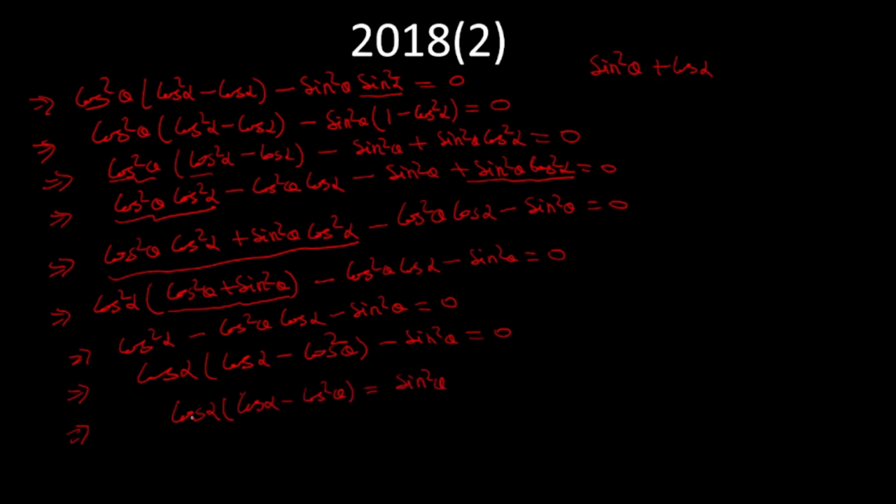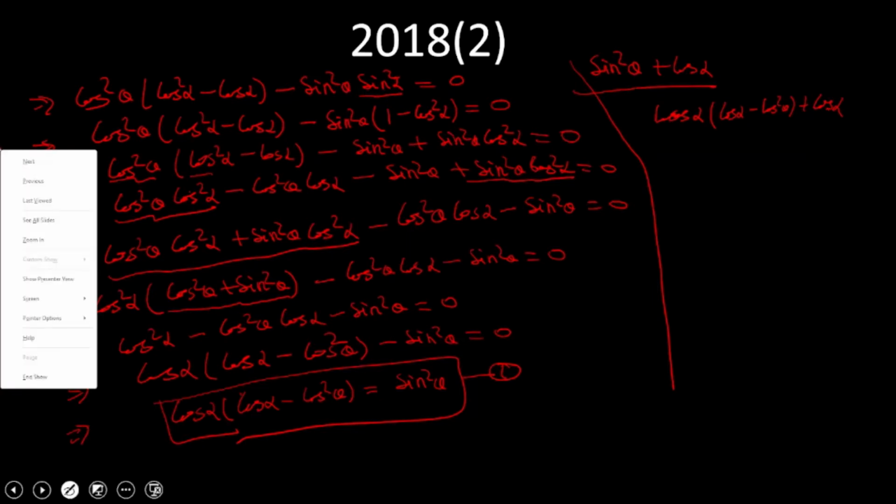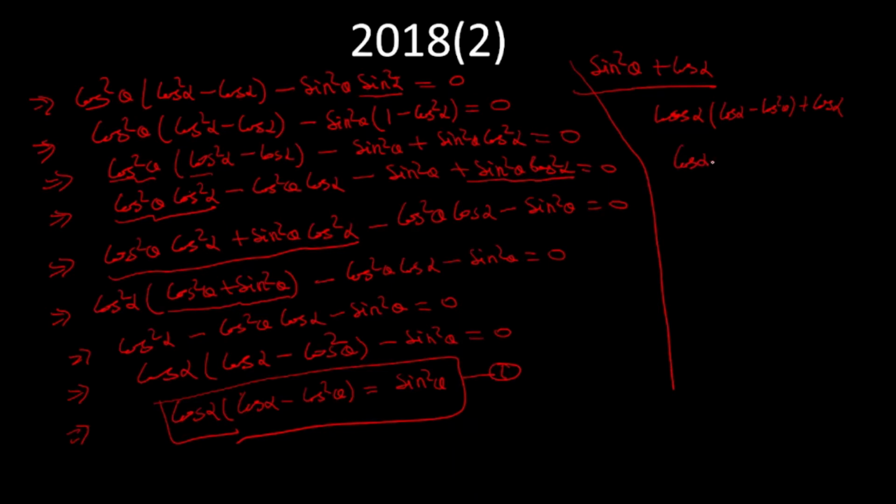Yeah, we got this. So I will put this into that equation because our question asks what is the value for this. So when I put here, we get cos alpha and cos alpha minus cos square theta plus cos alpha. So I take cos alpha common here also. So when I take cos alpha common, here we get cos alpha minus cos square theta plus 1.